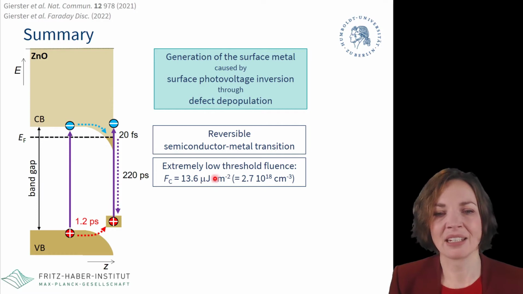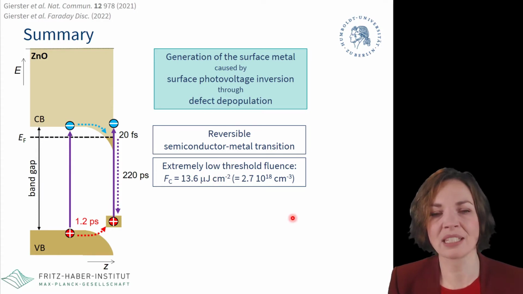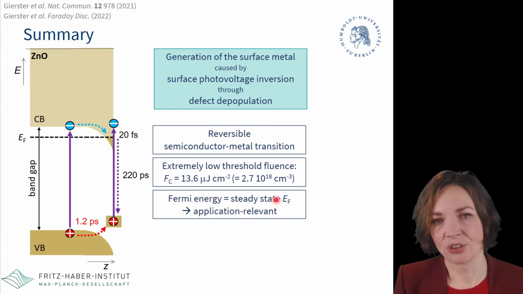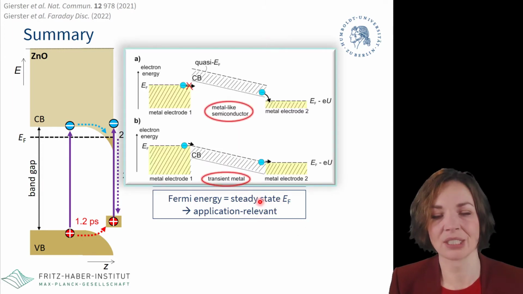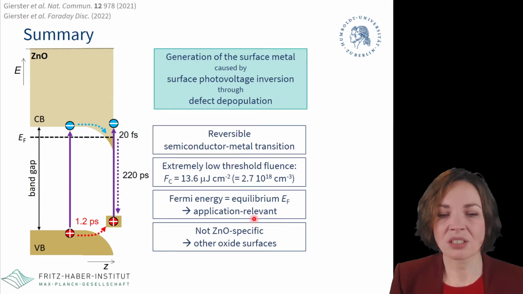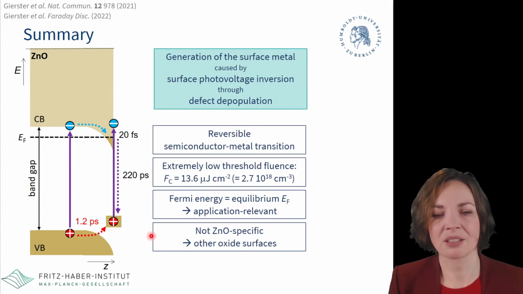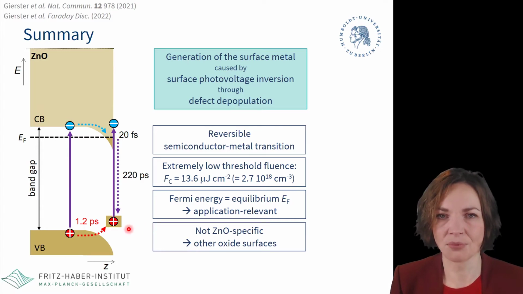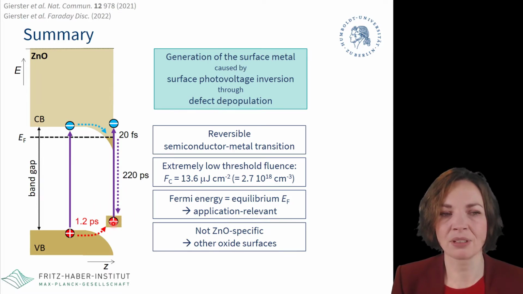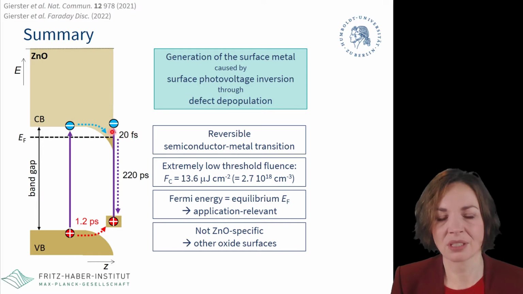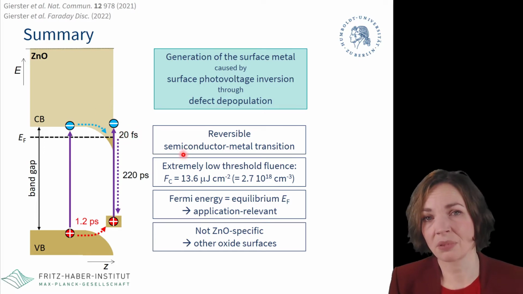It happens at an extremely low threshold fluence, and the Fermi energy of the metallic state equals the steady state Fermi level, which makes this transition really application relevant, as mentioned earlier. Also, we believe that this is not a zinc oxide specific feature because there are no zinc oxide specific aspects to it. The only thing we need is a deep defect level and an n-type compound semiconductor, and then in principle it could work.